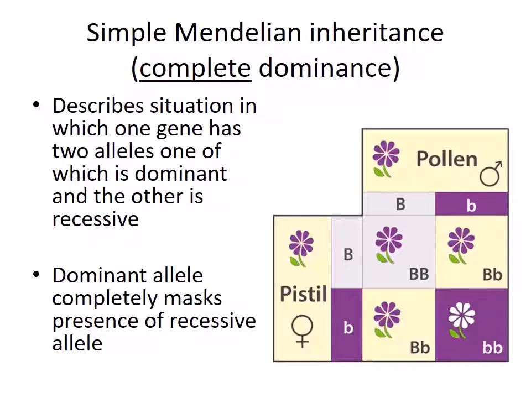And then the last square, we have little b little b, which would give us homozygous recessive, which would be a white flower. They're doing some weird things with the colors in the background on the plants. I guess they're showing homozygous dominant with a gray square, the heterozygous individuals with a tan square, and then the homozygous recessive individual with a purple square, even though that's a white flower. So I feel like they got a little creative with the graphic design there.